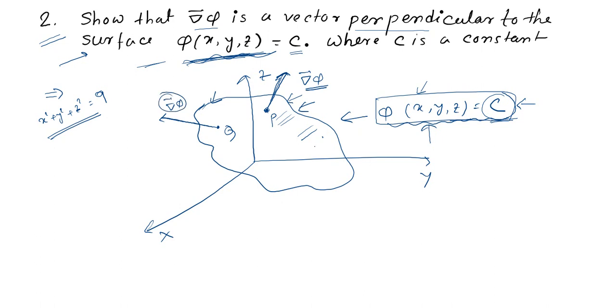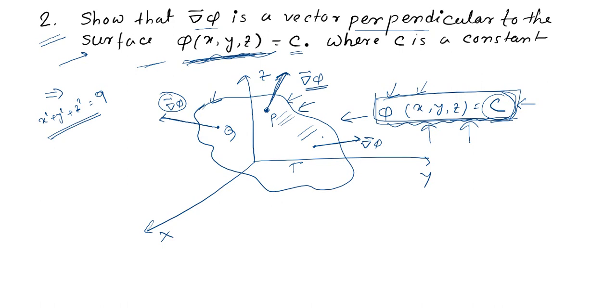So at each and every point gradient of phi will be perpendicular or will be normal to the surface. But what is the condition? Condition is that the surface must follow this formula.